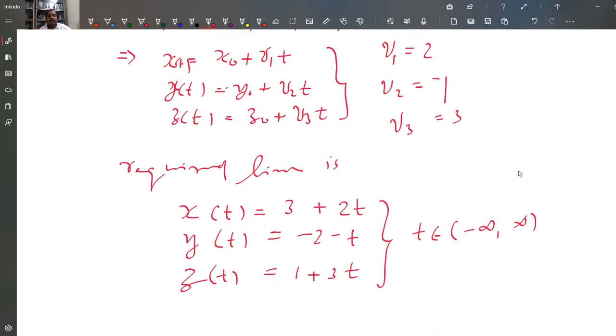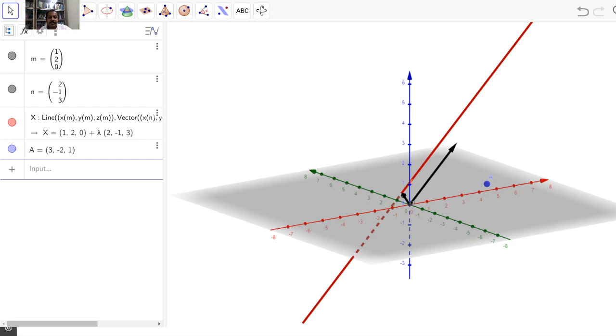So now you can plot this line in our GeoGebra. See what happens. So you have already done something like this. You have the given line and the given vector, and you have found a point. You have to find the line passing through A and parallel to the given line.